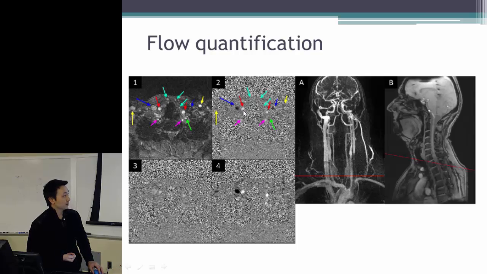We can see that the arteries and the veins have opposite flow directions, so their phase is of opposite signs.